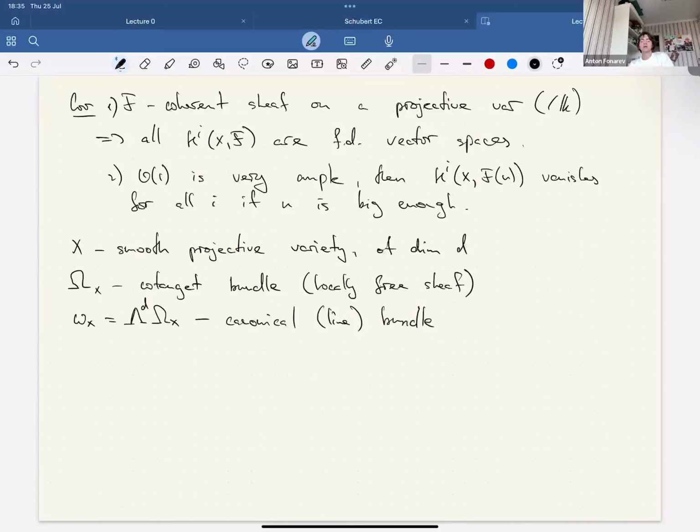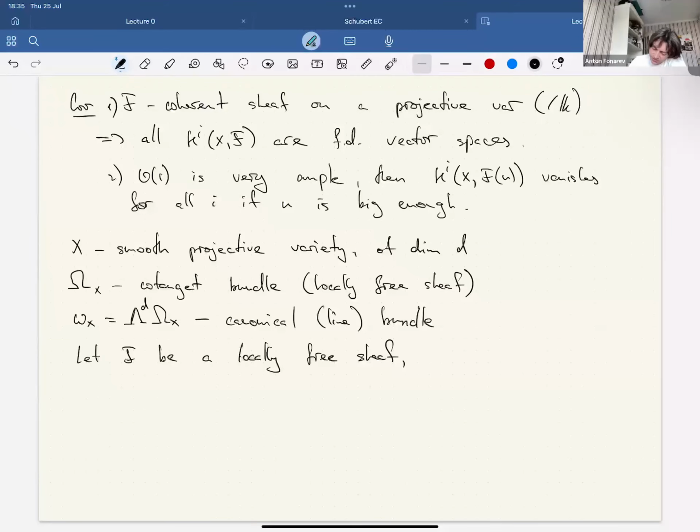In its simplest form, Serre duality, which is a fascinating and incredibly strong statement, says the following. Let F be a locally free sheaf. Then we can compare cohomology of F, which is the vector bundle, if you wish, given by F, and the dual vector bundle.